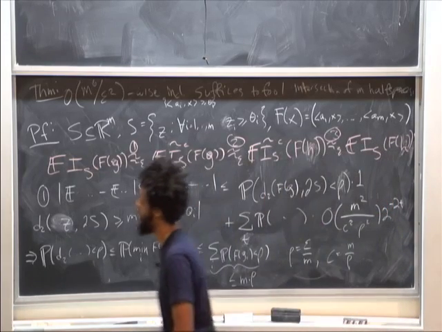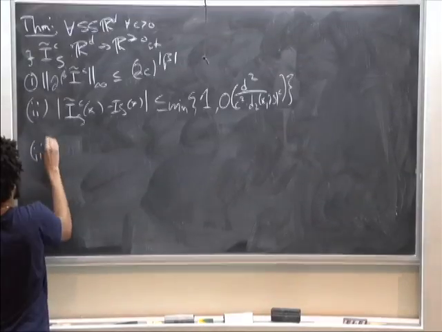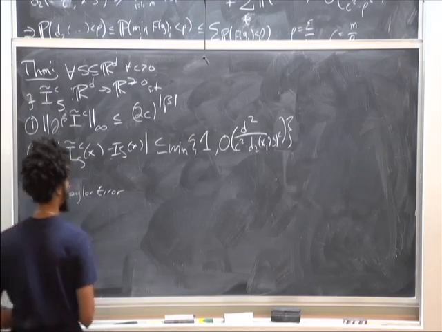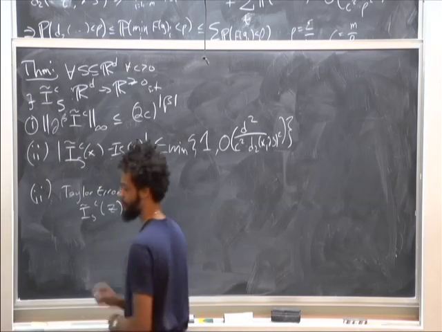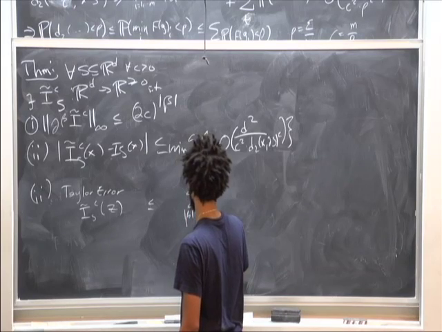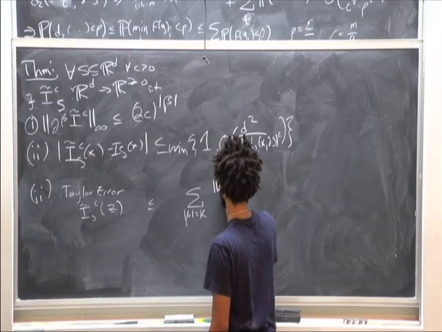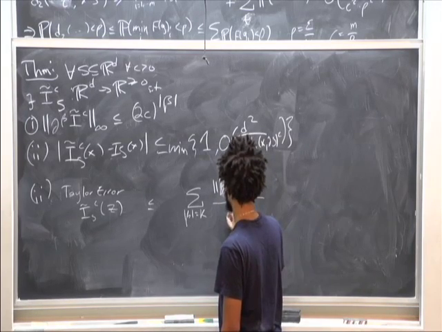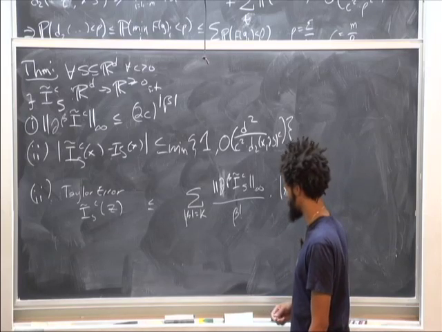Okay, and then when you do Taylor's theorem, you get that the Taylor error, so let's say you just look at the Taylor expansion of I tilde s c evaluated at some z, is at most the sum over all multi-indices summing up to k of a bound on the derivative over beta factorial, which is the product of the beta i factorials, times x to the beta, which is the product of xi to the beta i's.